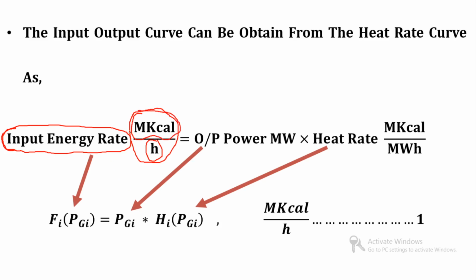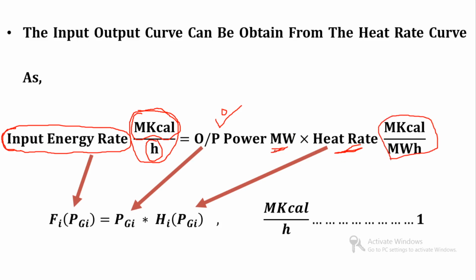Now this input energy rate is given by the formula: output power multiplied by heat rate. So why does this formula come? Compare the units of output power and heat rate.